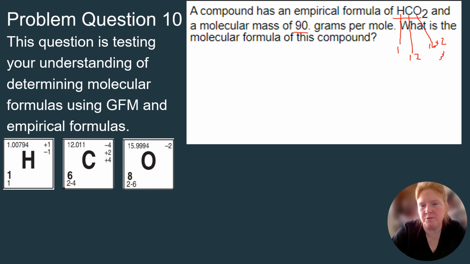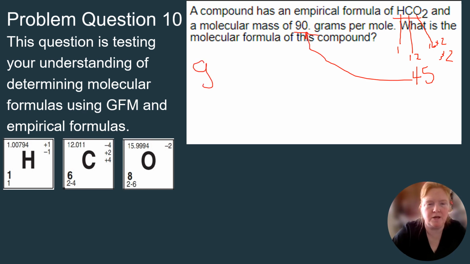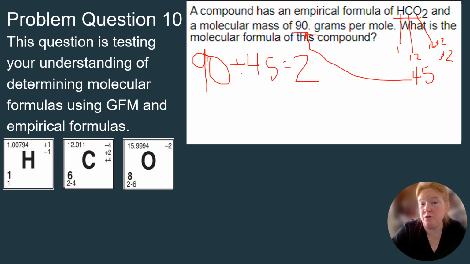That's 32, so 32 plus 12 plus 1 is 45, correct? All right, is 45 equal to 90? No, it is not. What do I need to do? 90 divided by 45. What does that give me? A 2. So the real molecule is twice as big.